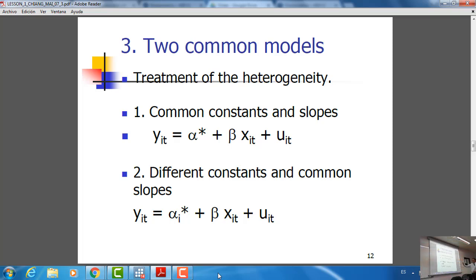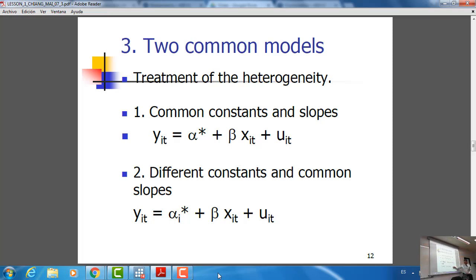But the idea is that there are different ways to treat heterogeneity, and some ways, like this particular model here, are particularly simple and easy to understand, and very useful because they are able to capture many types of heterogeneity that happen in the real world.